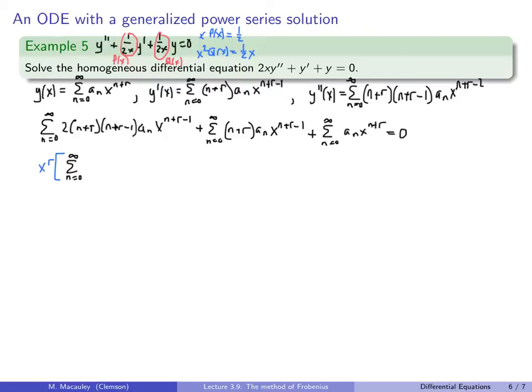How do we do that? So both of these are going to have an a_n and an x to the n minus 1. So let me go up here and do some math. What is this term plus that term? How many n plus r's do we have? We have one of them here, and then we have two n plus r minus 1 here.